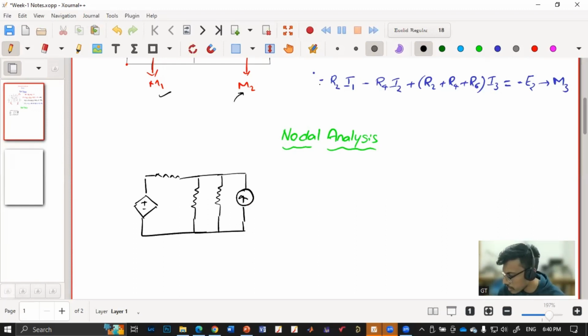Say this is 1 ampere, and here I have 1 ohm, 2 ohm, and this is 3 ohm. If I use this rhombus type of notation, it means it is a dependent source, dependent on some other value. Say here the current is I, and this could be 5I.